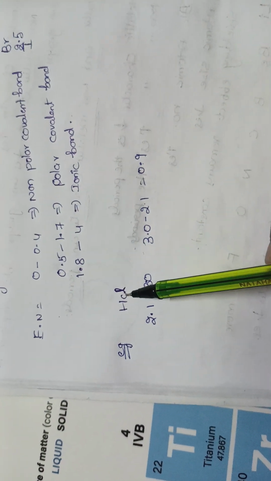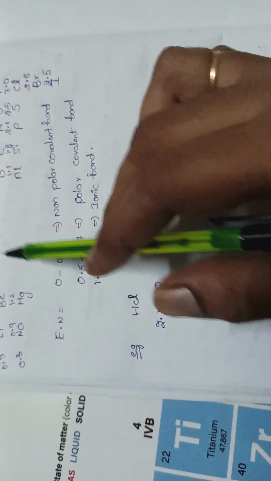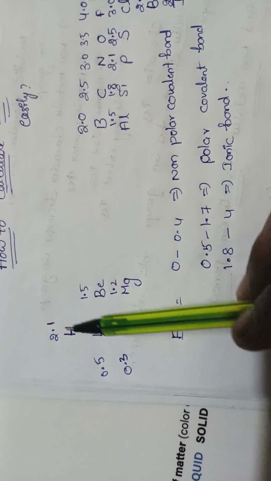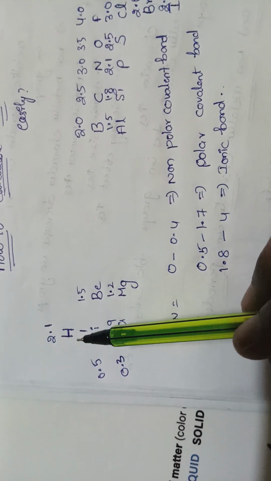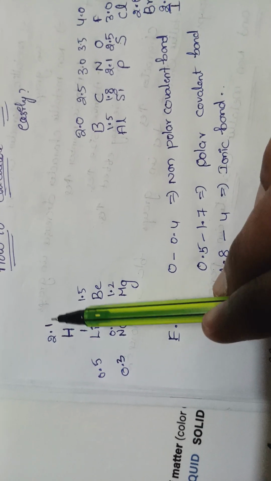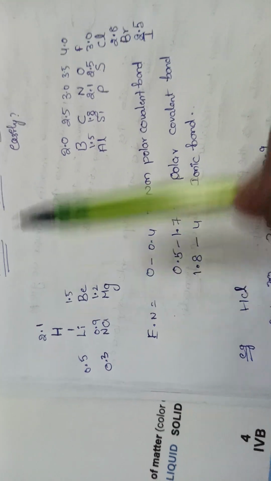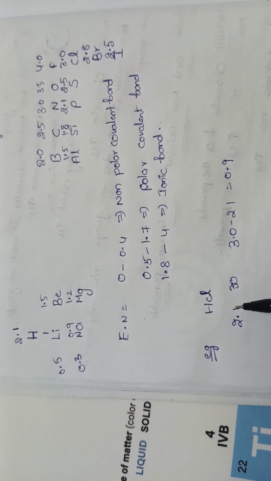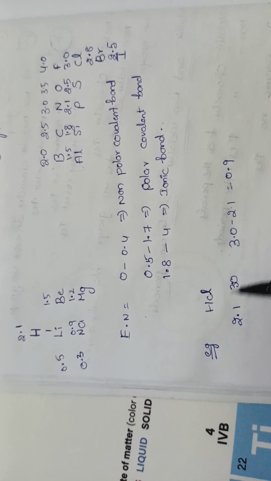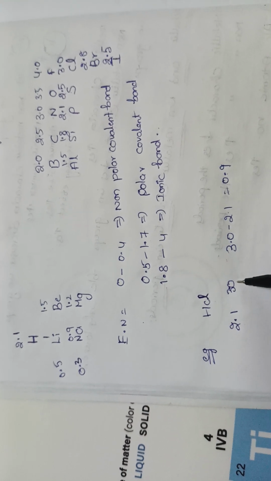If we take one example, HCl. Hydrogen has 2.1 electronegativity. Chlorine has 3, right?